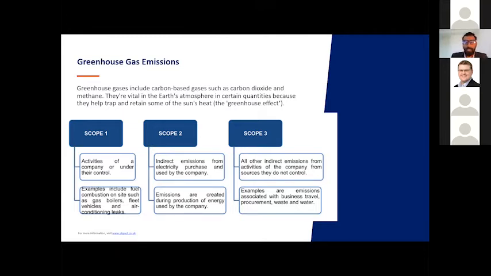So if an investor or asset manager or a bank has loaned or invested money in a company that's, let's say, in the mining industry, and that mining company then emits certain tons of carbon dioxide, a portion of that is allocated to the financial institution as a provider of capital, as an owner of that business, as a lender to that business. A portion of those emissions is allocated under Scope 3 emissions to the financial institutions.